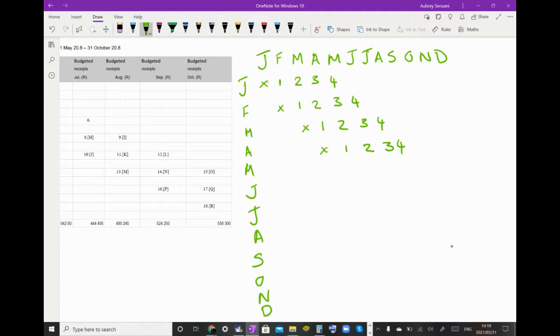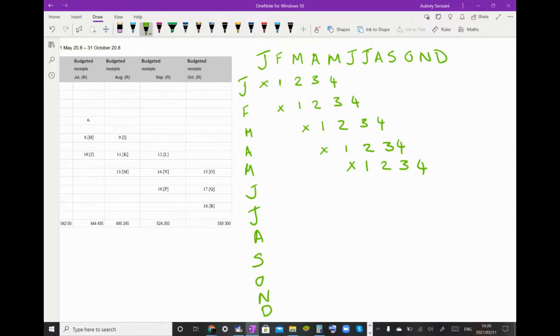Okay. I hope these things are going to be aligned nicely. Then for May, we don't count May. We say June, July, August, September. Okay. And we're doing this thing until, what did we say? June, July, August, September.